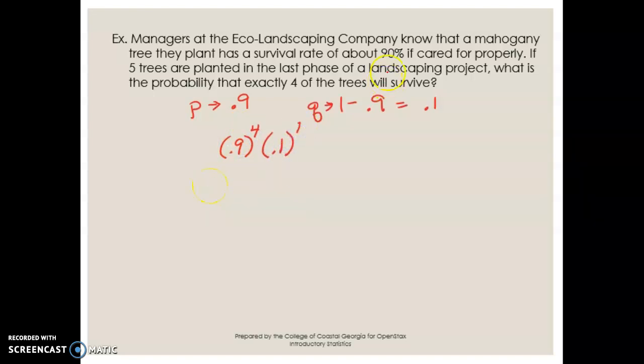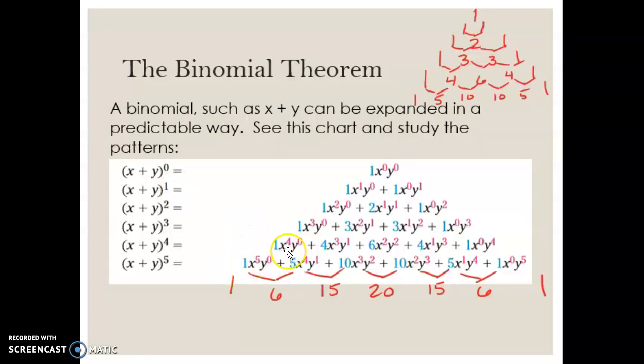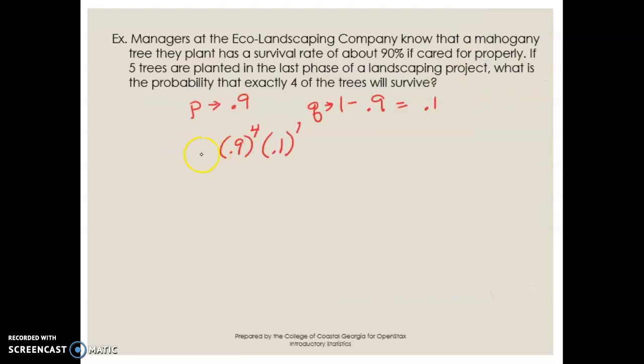Well, in the problem it doesn't survive, not that we want it to. Okay, so on here we've got 4, 1 right there. That's x plus y to the 5th. And we've got probability it survives, probability it doesn't, and a 5 out front. Okay, that's what we've actually got here.